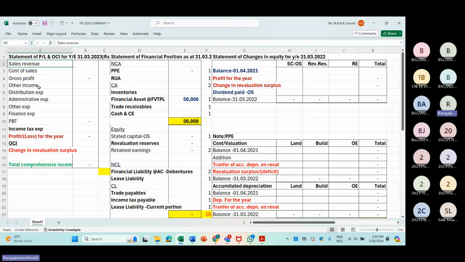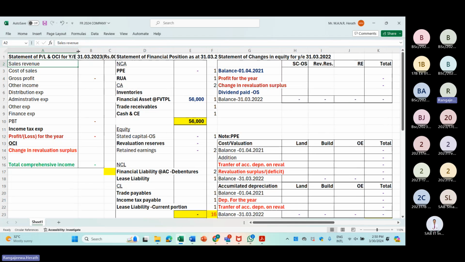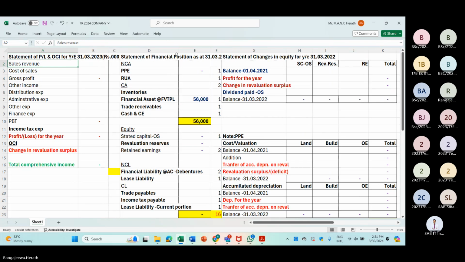Sales, cost of sales, gross profit, other income, distribution, admin, other and finance expense. Before tax profit, income tax, profit or loss. We have a revaluation surplus, so you can have change in revaluation surplus. Right?